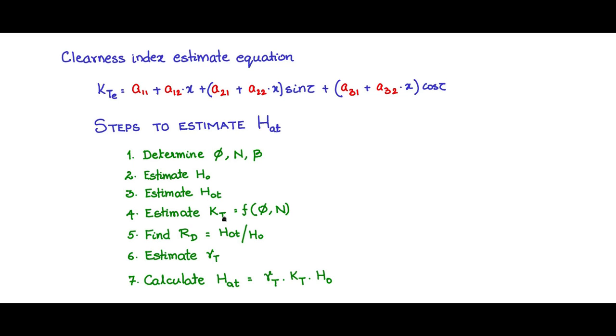That's what we wanted to do last, and now we have a method where you can estimate KT for any given latitude and day number. We will use a curve fit equation, a Fourier curve fit equation. Then we find RD, which is HOT by H naught, estimate RT and calculate HAT as RT into KT into H naught.